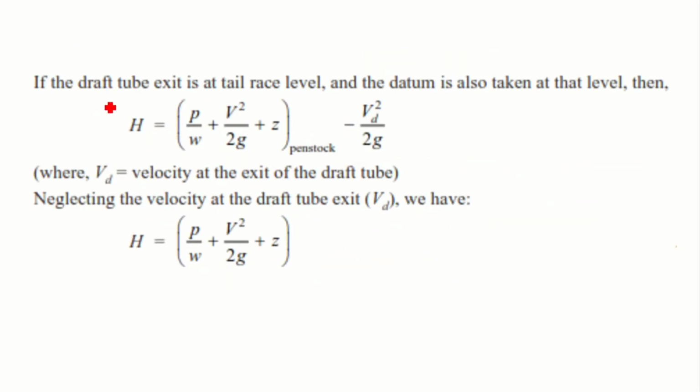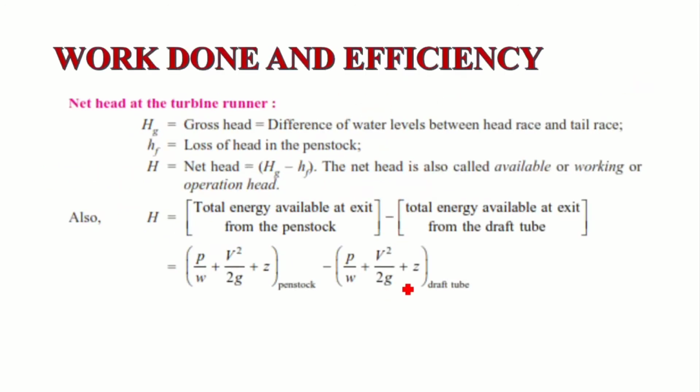Another condition is that if the draft tube exit is at the tail race level and the datum is also taken at that level, then Z becomes 0. Since the water is leaving at the tail race level, it will be at atmospheric pressure, so this term also becomes 0.